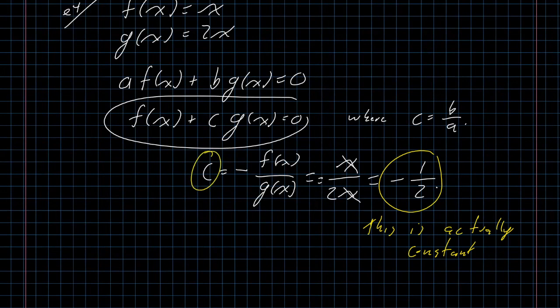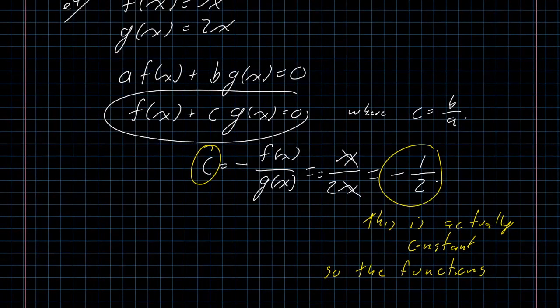I plugged in the functions, I did some algebra, and I arrived at a constant. And because I was able to do that, that's enough for me to claim that these functions are linearly dependent.